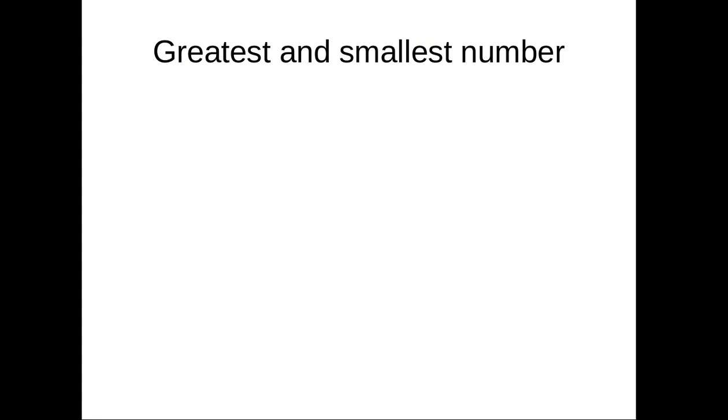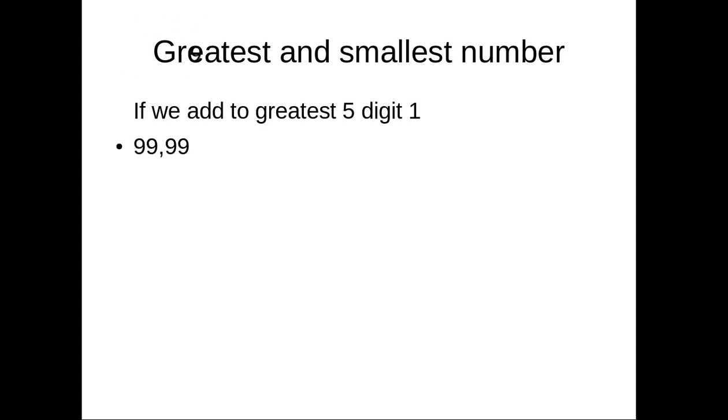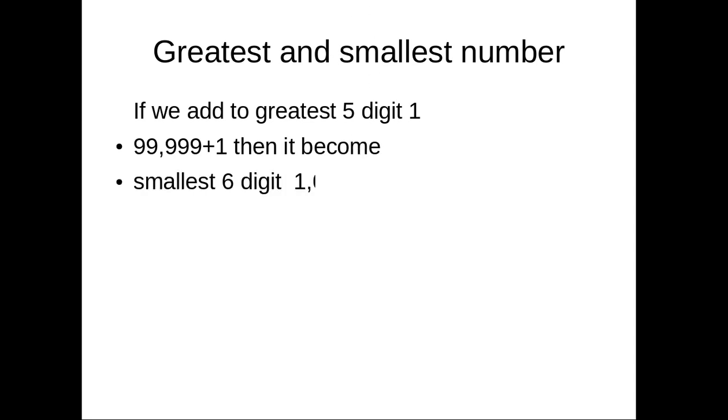Now let us see greatest and smallest numbers. If we add 1 to the greatest 5 digit number, that is 99,999, then it becomes the smallest 6 digit number, that is 1 lakh.